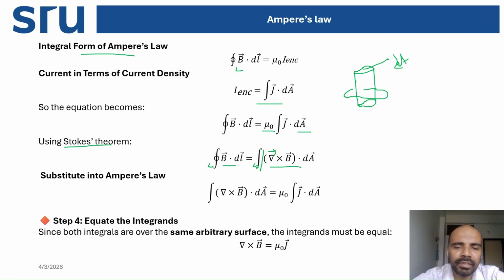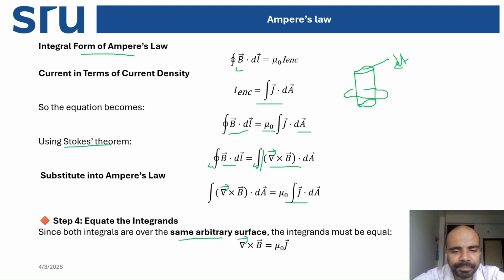So B dot dl equal to curl V dot dA, right? So now replace B dot dl by curl V dot dA. So it is curl V dot dA equal to mu naught J dot dA, right? So for an arbitrary surface area, you can say that curl V equal to mu naught J, where J is the current density.